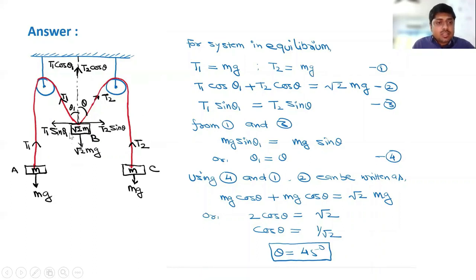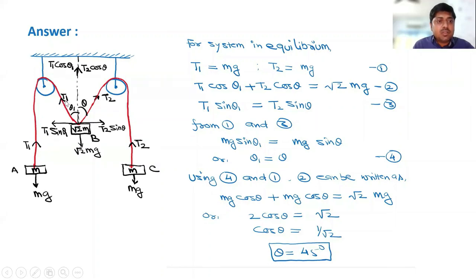Now let's see the third body that has the mass square root 2 into m. This body is tied with two strings, this and this one. Because the system is in equilibrium, the tension in this part of the string will be the same but in the opposite direction to the tension on this part.